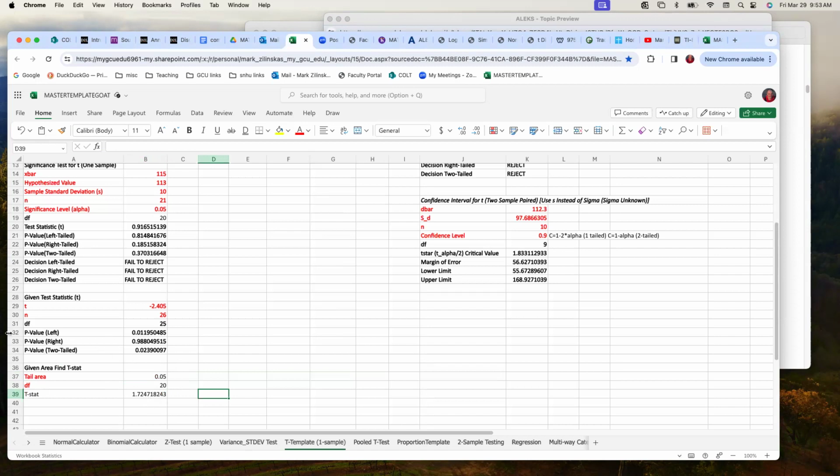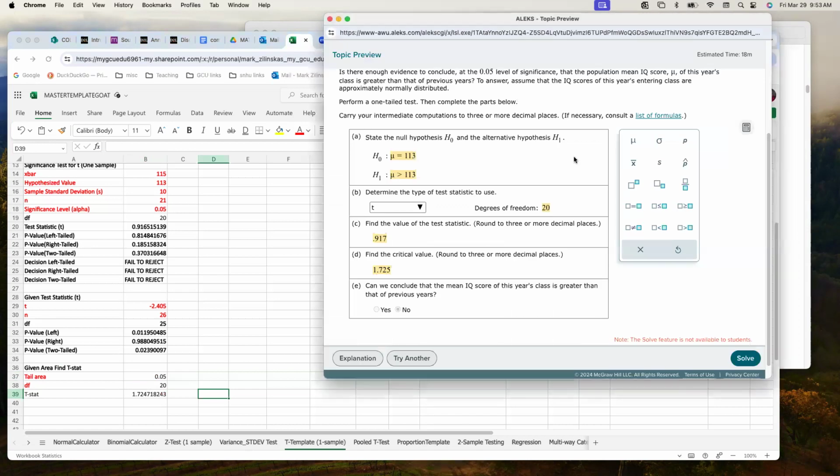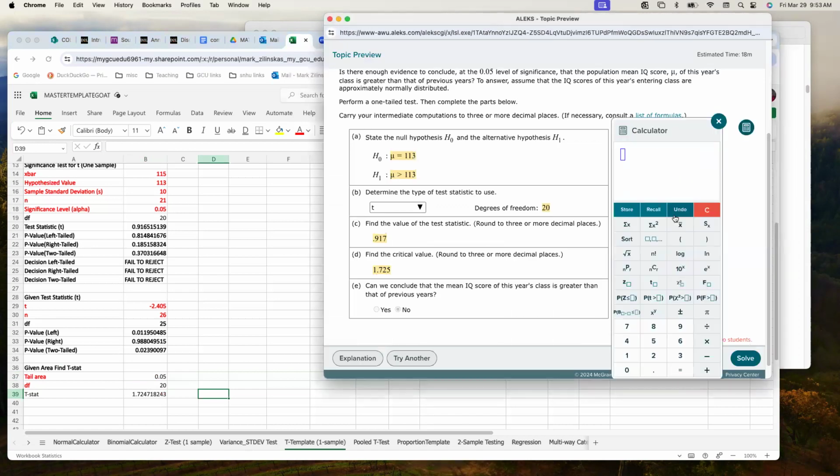So this little section right here did the same thing as this ALEKS calculator did over here. I'll just show you this real quick, just so you can see it's the same thing. And you're getting the same number over here.